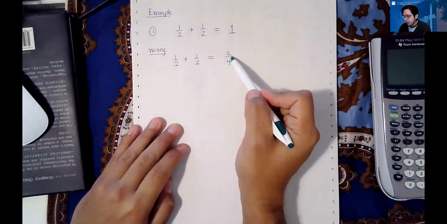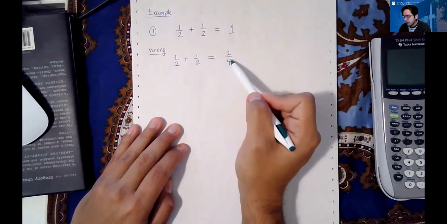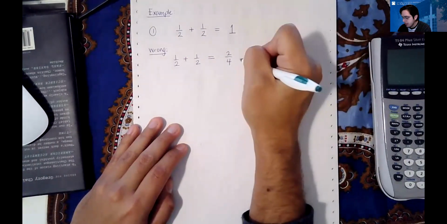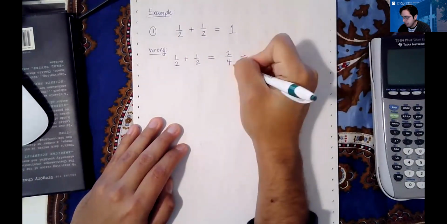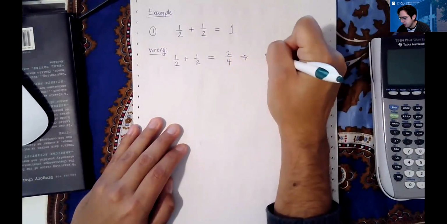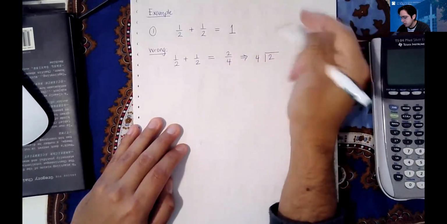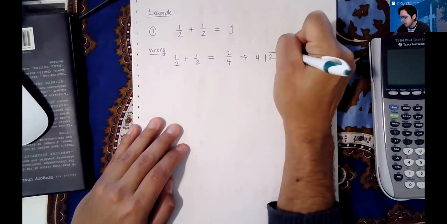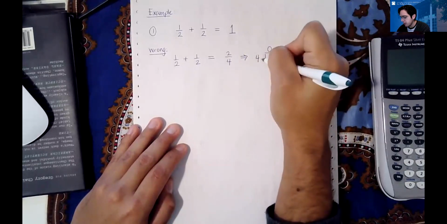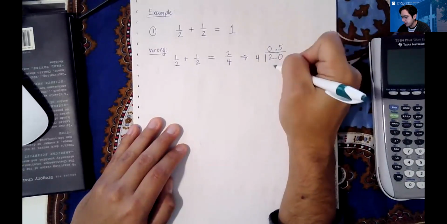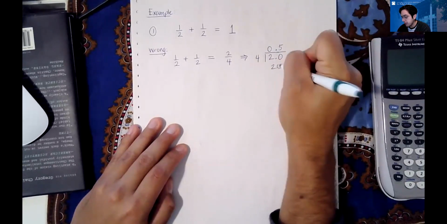Because if we think about this fraction as a decimal, we could go ahead and say, okay, if we wanted to write this as a decimal, we can do long division here. 4 does not go into 2, so we're going to need another decimal there, and a 0 there. 4 goes into 20 5 times, and we get 20.